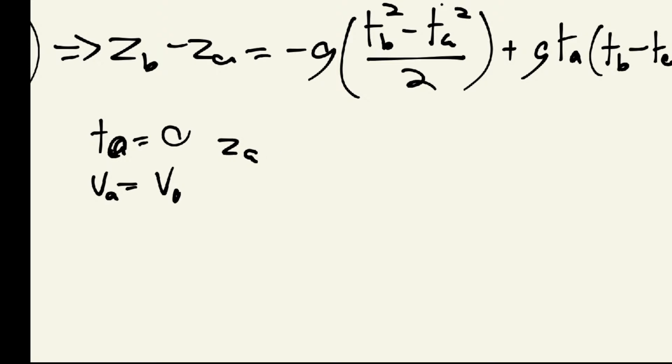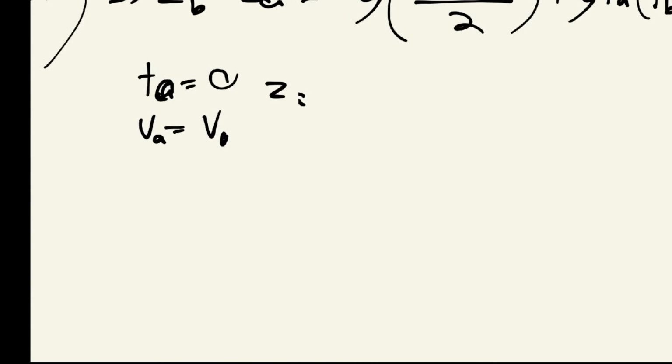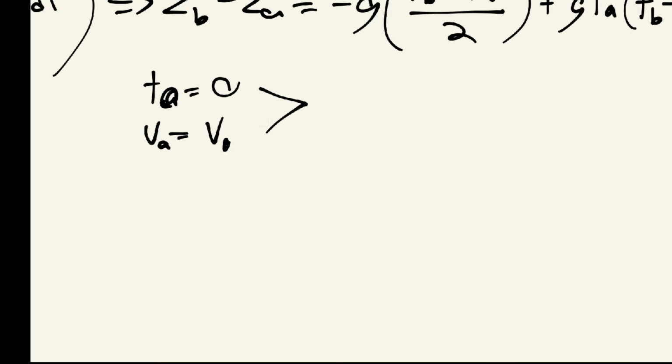Or maybe we don't even need to do that. We could just go back down, excuse me. We don't even need to do that. We don't have to write anything about z sub a. What I'll do is, no, I don't want that. That looks like a greater than sign.